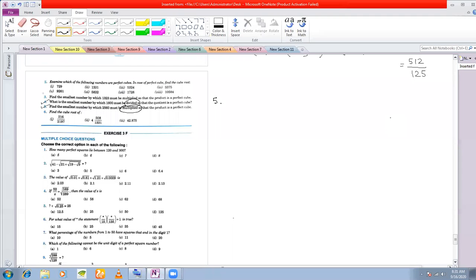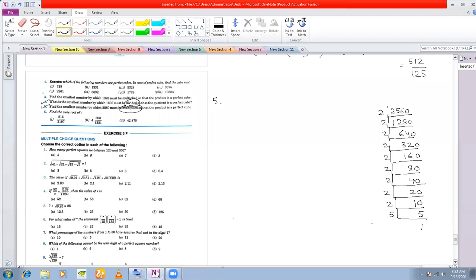Let us prime factorize 2560 first. So how many triplets here?